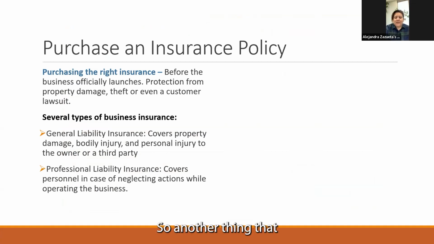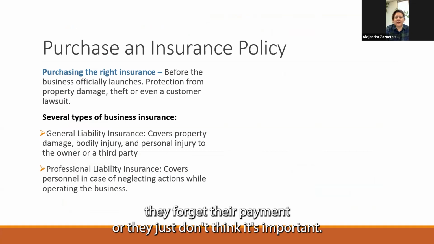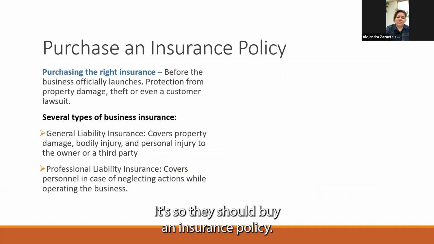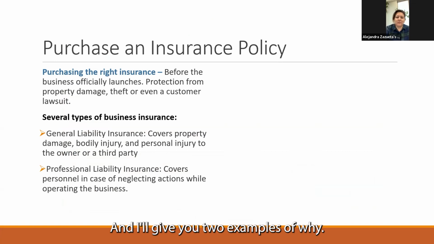So another thing that I think a lot of people take for granted, and I've seen some of my clients sometimes forget about this. They forget, or they just don't think it's important, but I feel like it is. They should buy an insurance policy, and I'll give you two examples of why.